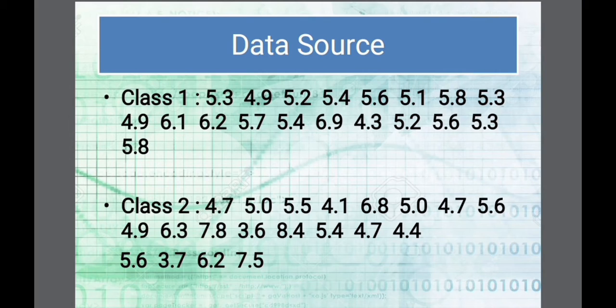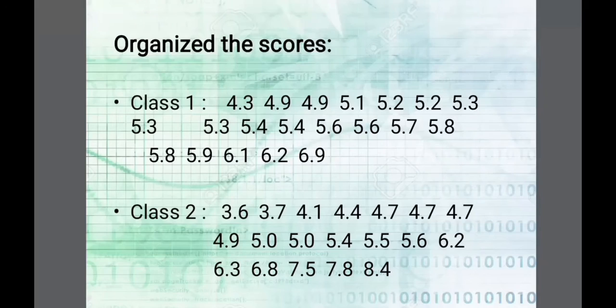Before we find mode, median, and mean, we must organize the scores from the smallest to the highest in each class. And I will show you the organized data on the next slide.